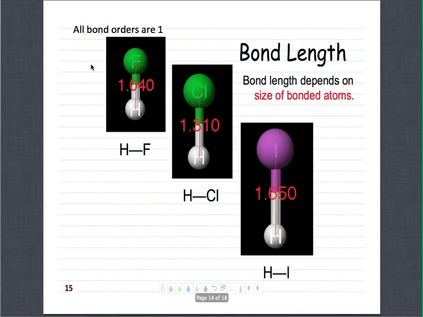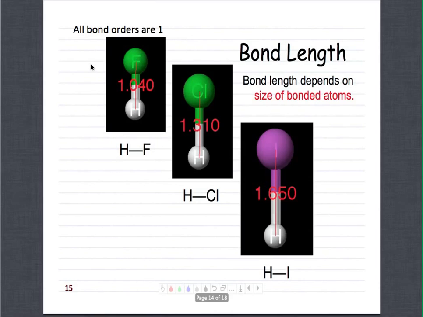So that clearly tells us that iodine is bigger than Cl and F, and that's affecting the length of the bond. If we're comparing the bond length of 3 different atoms, the atom radius is going to affect the length of the bond.